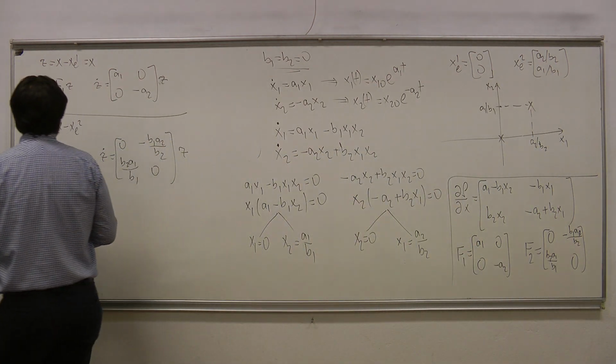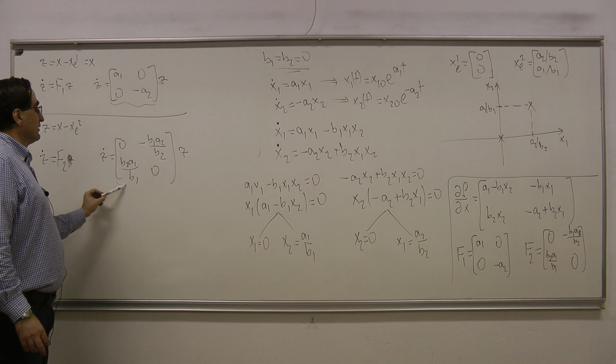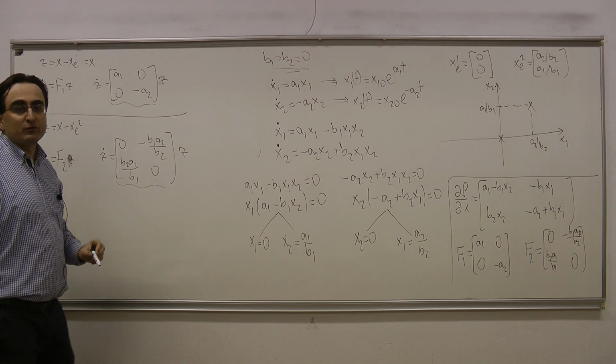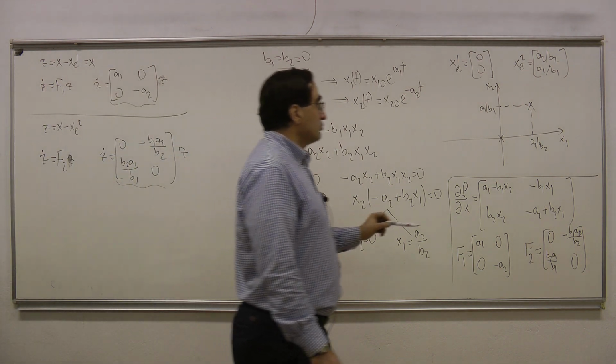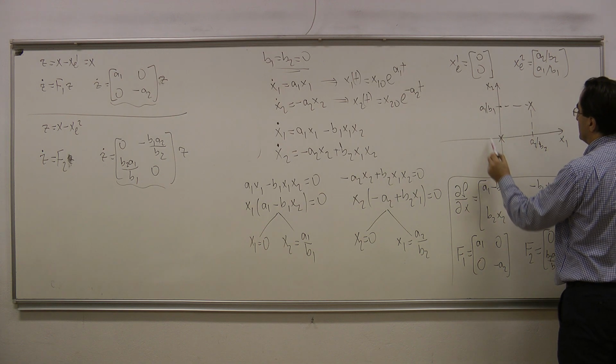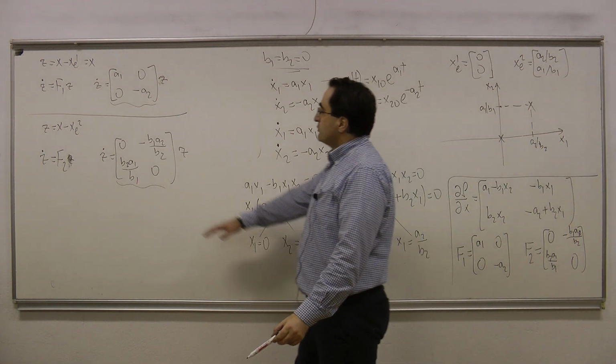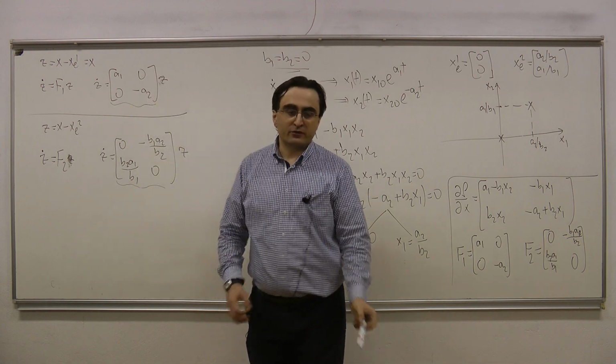So we are going to see that when we look at these matrices, we are going to be able to tell really a lot about the trajectories of a nonlinear system around the equilibrium points. Okay? And what do we mean by looking at these matrices?